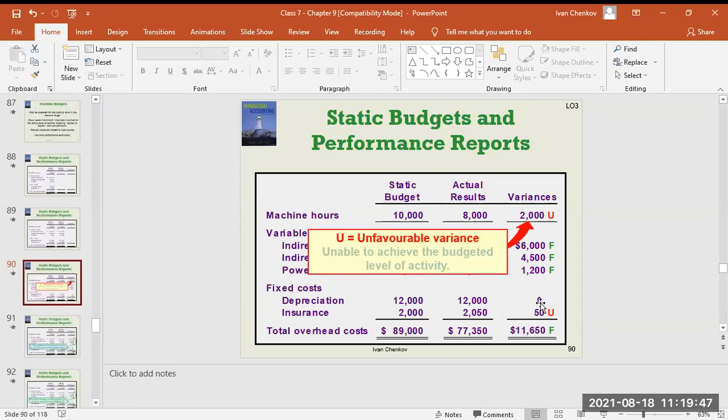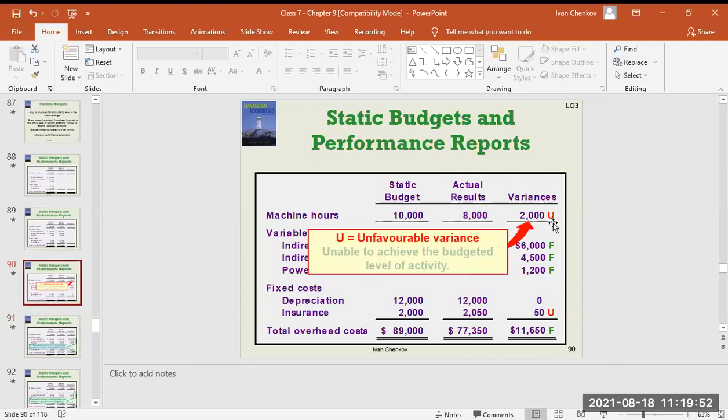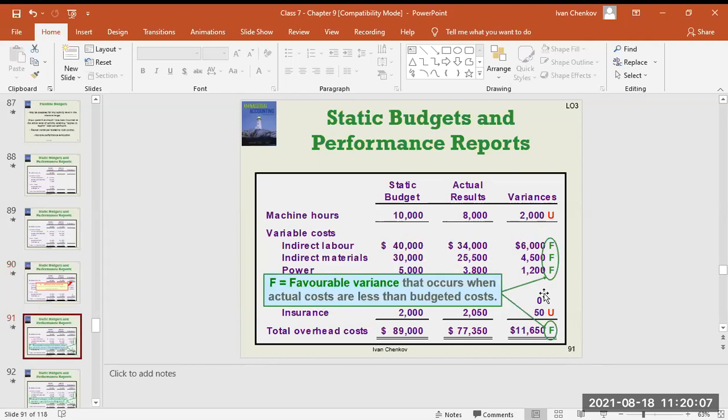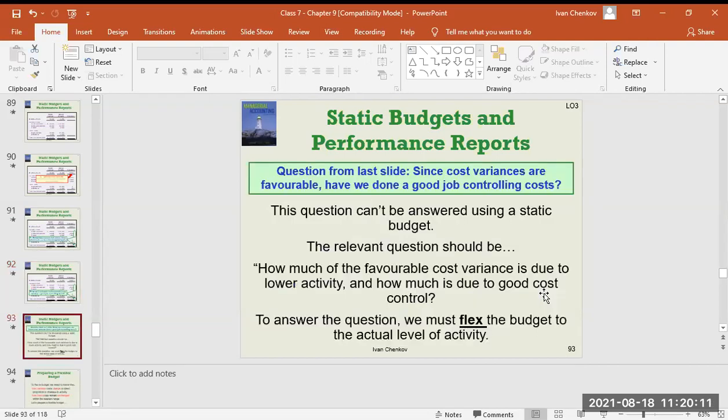But how is this relevant for us? Obviously, it's not too relevant because it's going to show us unfavorable variance on the machine hours used because we're using less, and favorable on the variable cost. Since we're using less, obviously the cost is going to go down. But again, for the control purposes, that's not very effective. So what do we have to do?